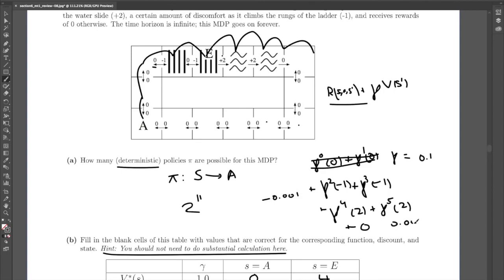That's 0.00001. There's 4 zeros over there, right? And it's this whole thing multiplied by the number 2, right? Which means even though 2 is bigger than -1 in magnitude, the fact that this one is multiplied by gamma squared, whereas this one is multiplied by gamma to the power 5, means that both of these numbers are incredibly tiny compared to even just the first number, right?